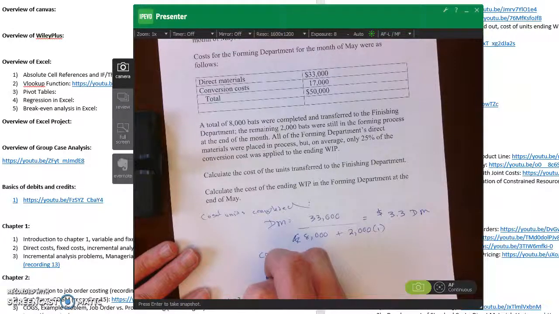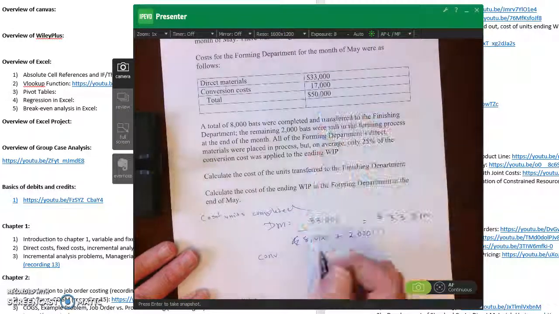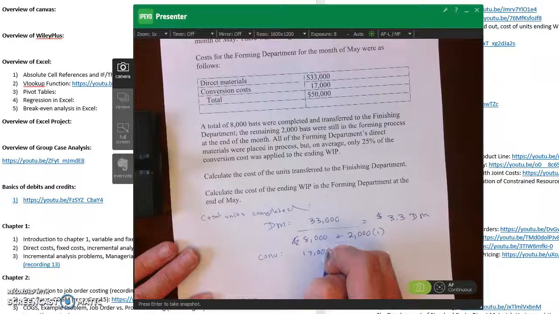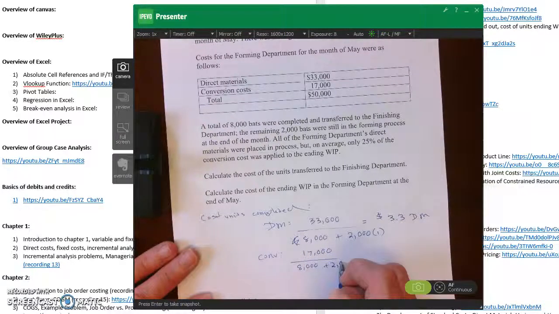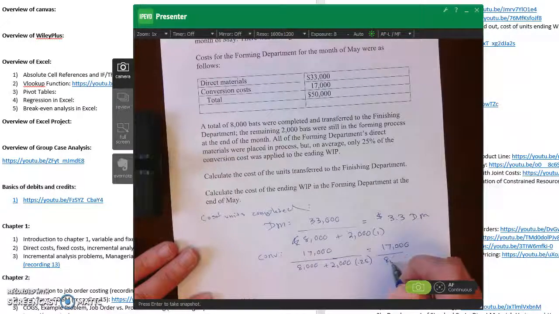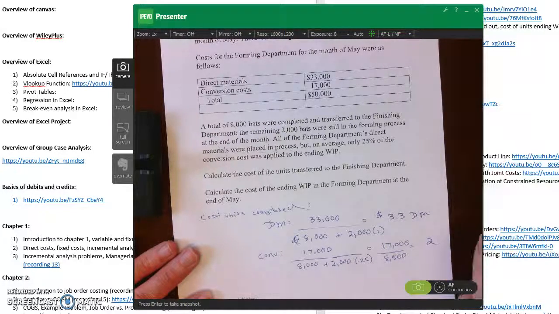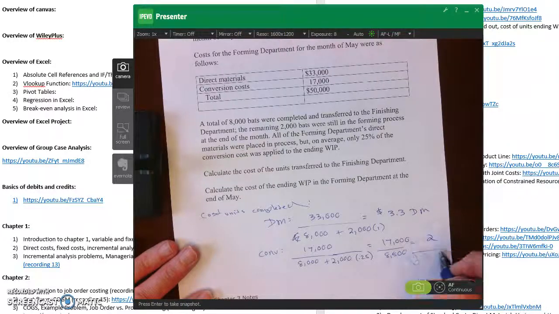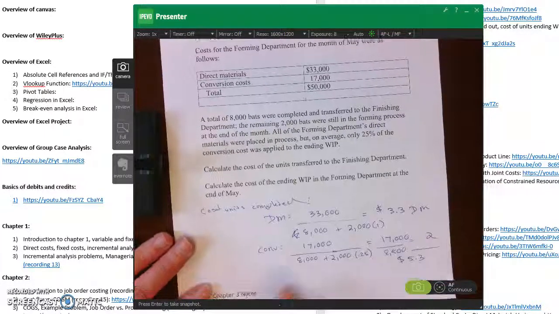And for conversion, I'm going to take my 17,000 divided by my 8,000 plus my 2,000 times 0.25. Okay? So we can come over here, we can take our 17,000 divided by our 8,500, which is equal to 2. So our total cost per unit will be $5.30. 3.3 plus the 2. Okay?